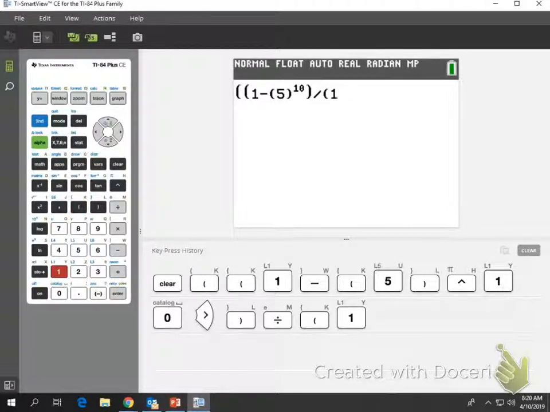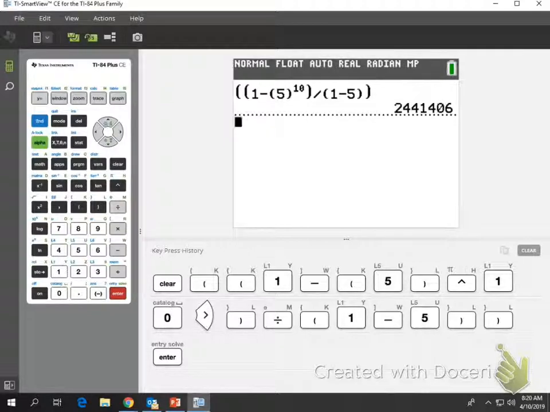All right. And then what? 1 minus 5? Like that. And then I got to close it. Is that the right answer? Yep. So 2,441,406. How soon till the graphing calculators put the commas in for you? No, how soon till they have that program where it'll give you that too?